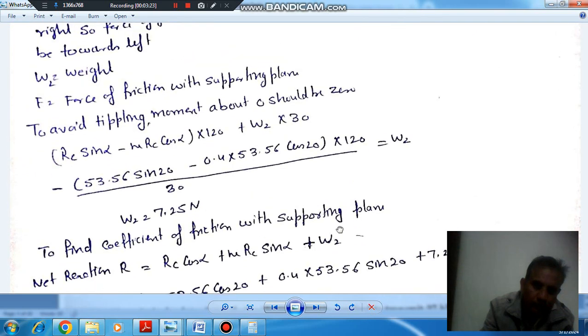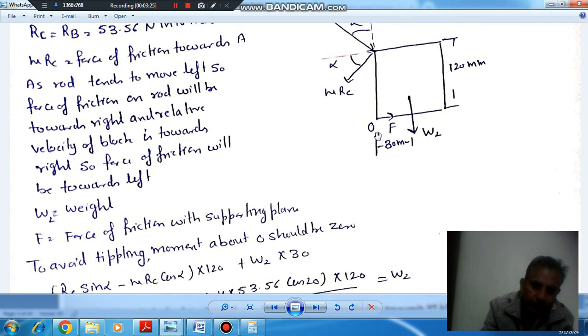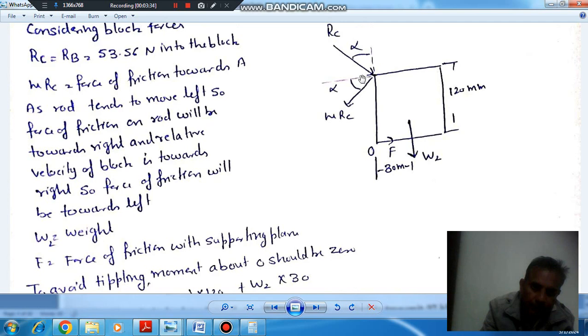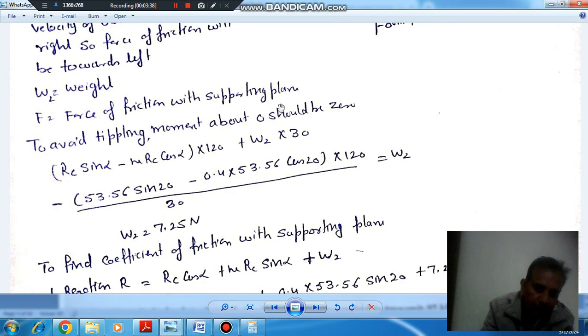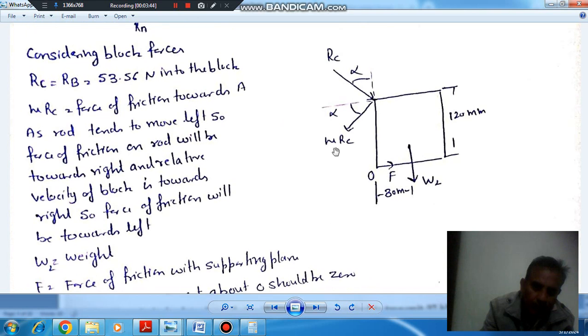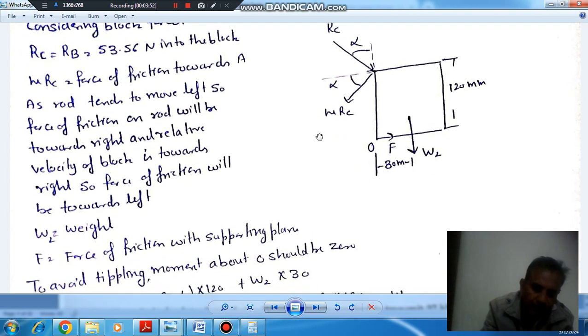Okay, so now when we consider this supporting plane and this block, the net reaction on this block is the vertical component of these forces plus W2. So the vertical component of these forces is RC cos alpha plus mu RC sin alpha, plus W2. That will be the reaction.